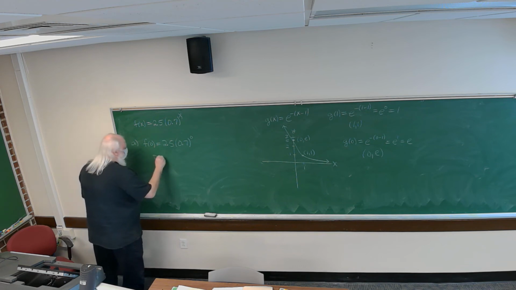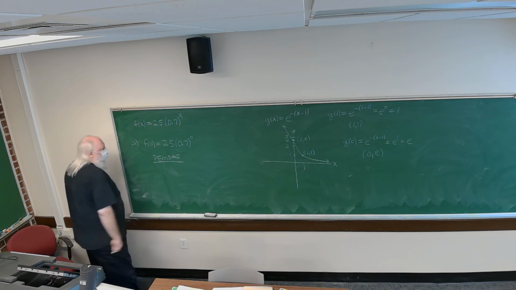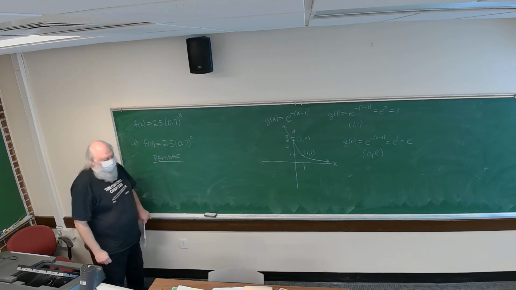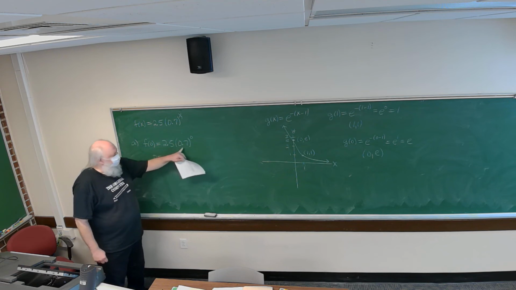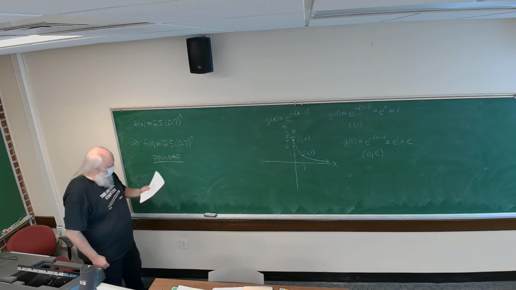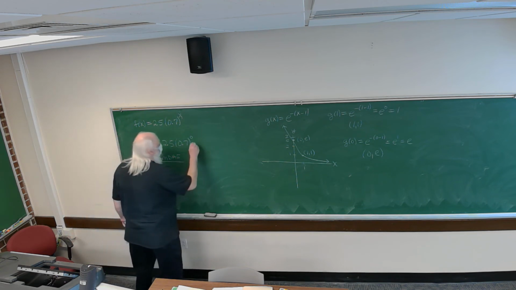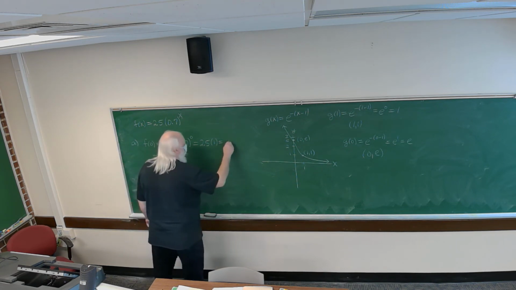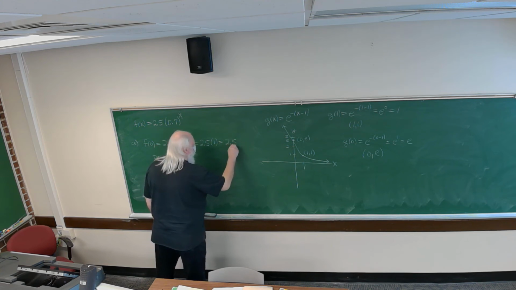Now remember, you've got to follow the arithmetic, you've got to follow order of operations, right? Exponentiation comes before multiplication. You don't multiply 2.5 times 0.7. You take 0.7 to the 0 power first. Well, 0.7 to the 0 power is equal to 1. So we just have 2.5 times 1, which is 2.5.